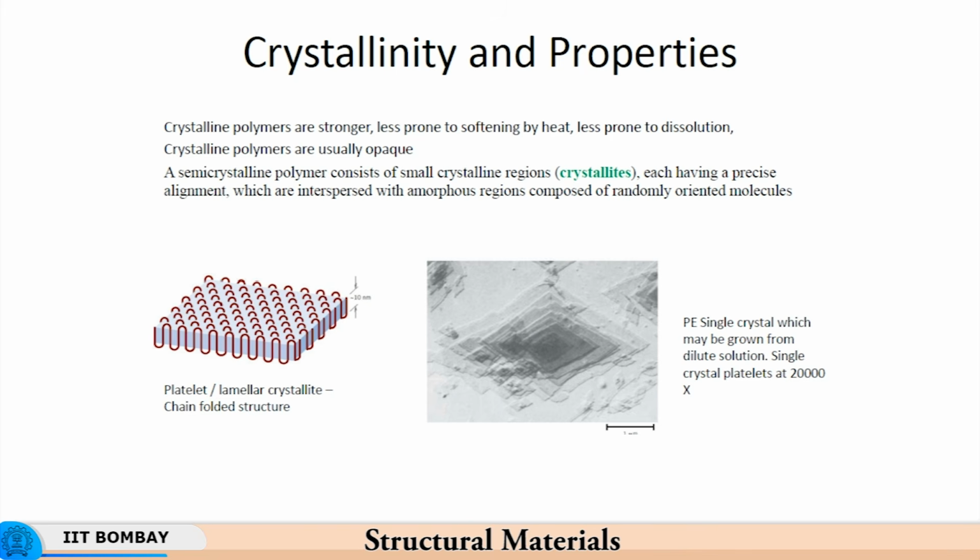Whereas wherever you need transparency, for example, you take a refrigerator. A refrigerator has a vegetable basket. Now if you want the vegetables visible through the polymer basket, certain regions will have to be transparent, but you cannot afford to have everything amorphous everywhere.